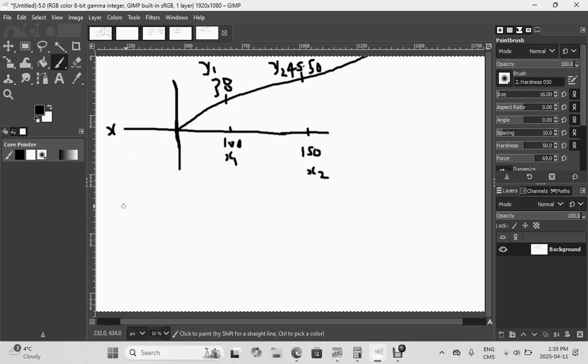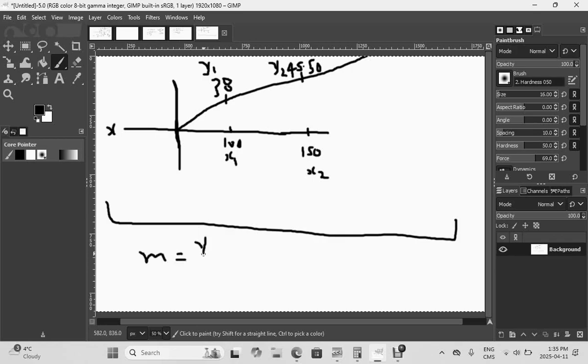Your slope m equals y2 minus y1 over x2 minus x1.